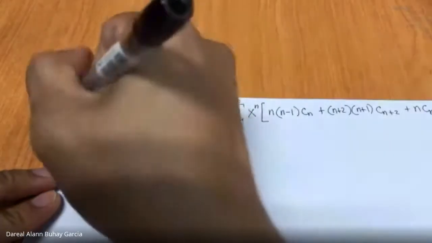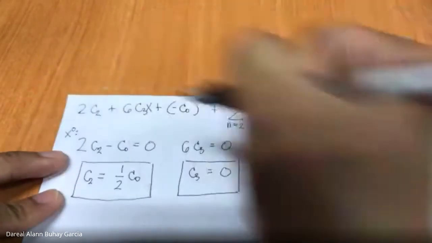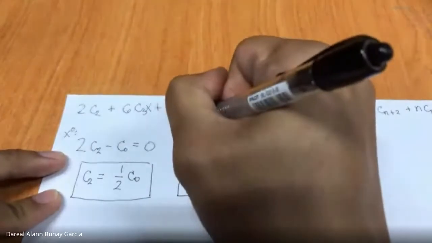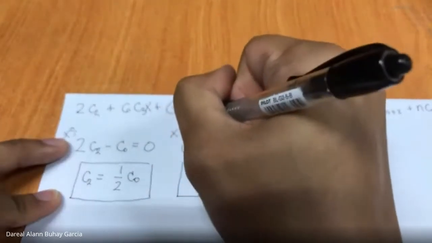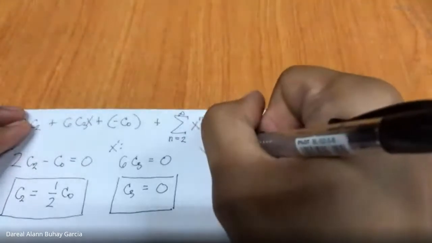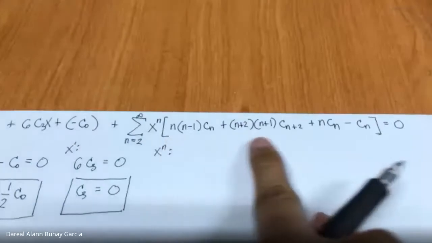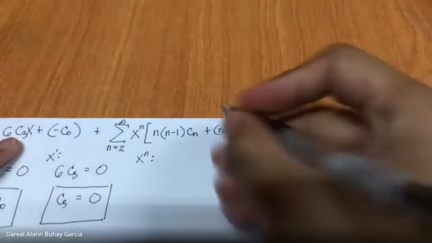Okay. To make it more formal, ano yung x sub 0, x to the power of 0, x to the power of 1, and x to the power of n is kani, no, yung coefficients equated to 0.